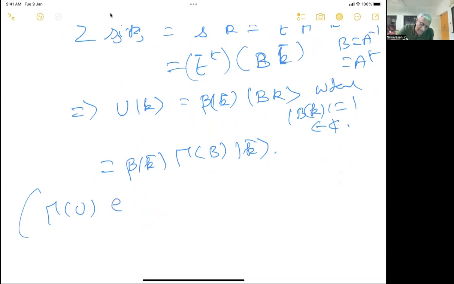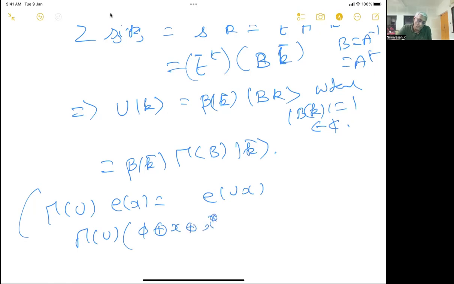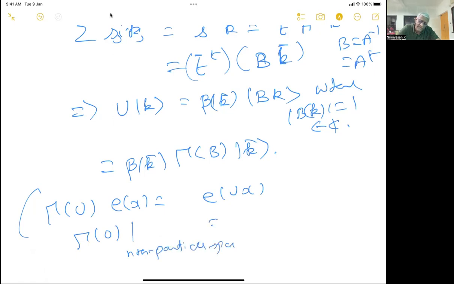Gamma of u acting on any E of x equals E of ux, right? In particular, gamma of u restricted to the nth particle space is just u tensor n.